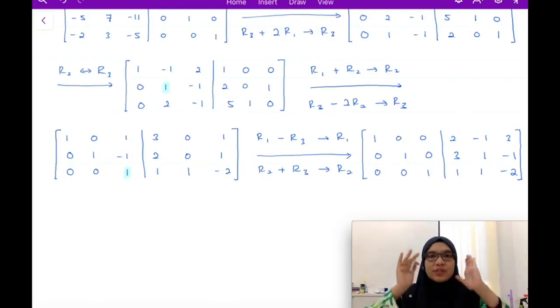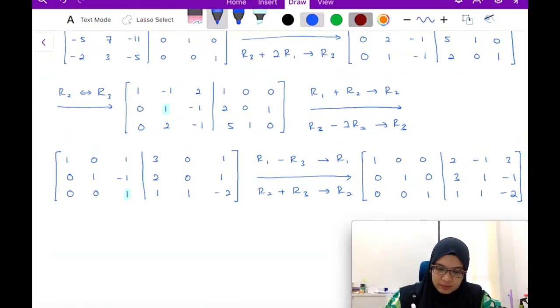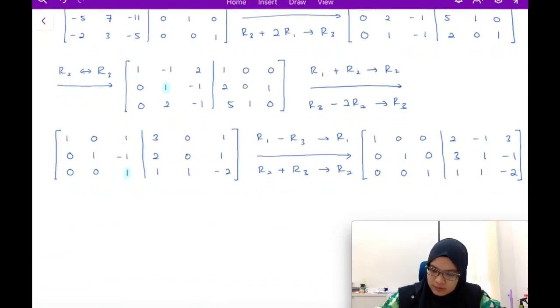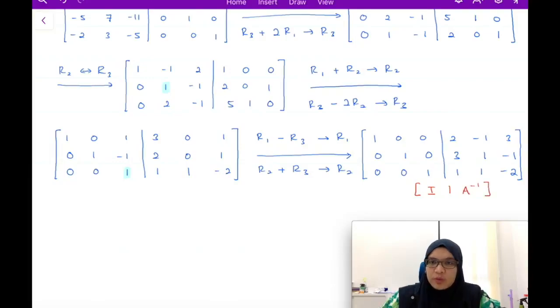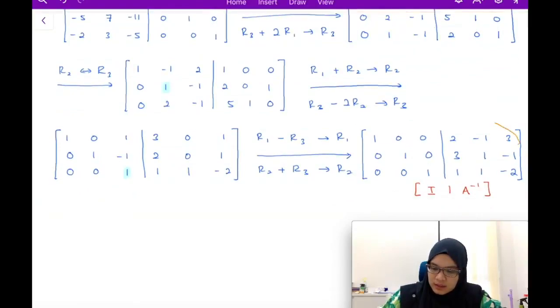We have reduced A and the identity, applying EROs to obtain A inverse. This is in the form of the identity matrix with its A inverse, so we know that this matrix here is our inverse matrix.